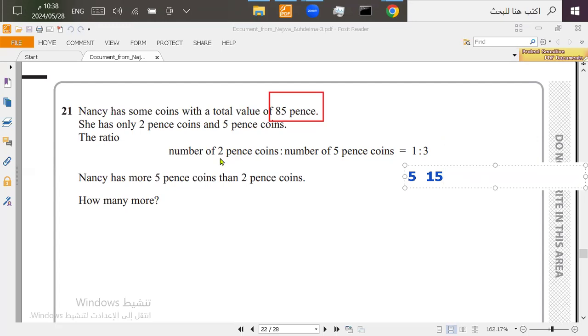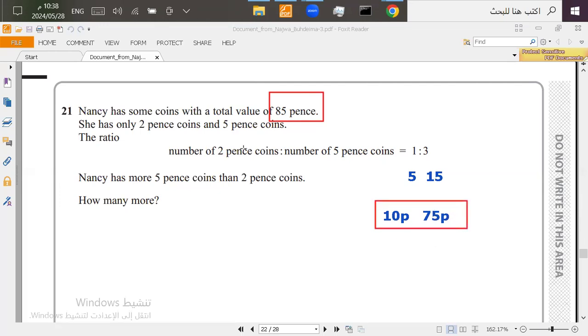If I have 5 coins of 2 pence, the 5 pence should be 15. Now I multiply to get the values. 2 times 5 is 10 pence, and 5 times 15 is 75 pence. When you add these together, you get 85. So that's the idea of this question.